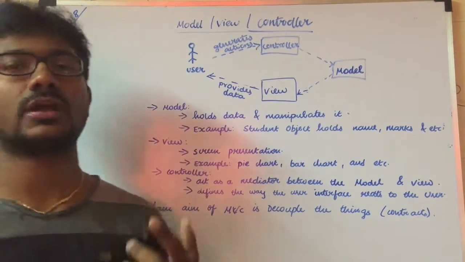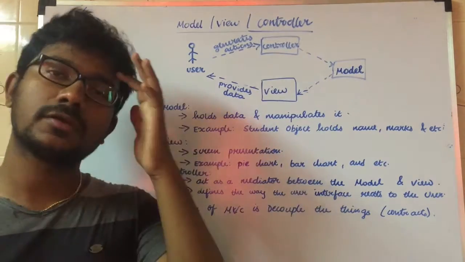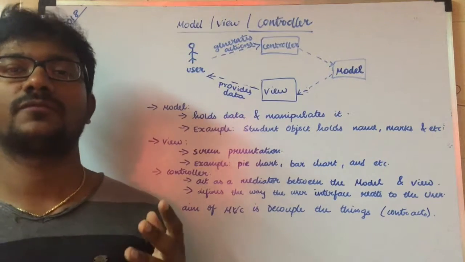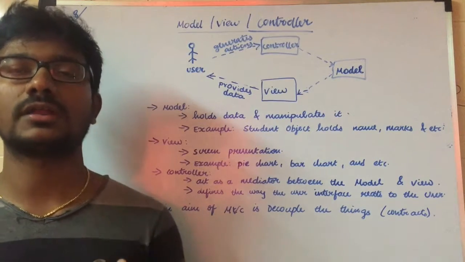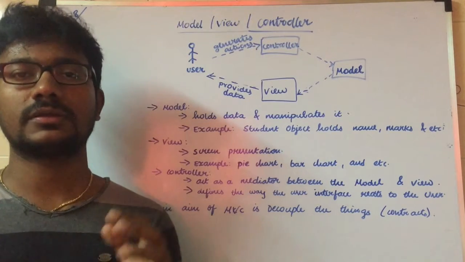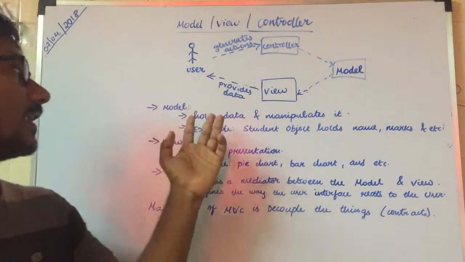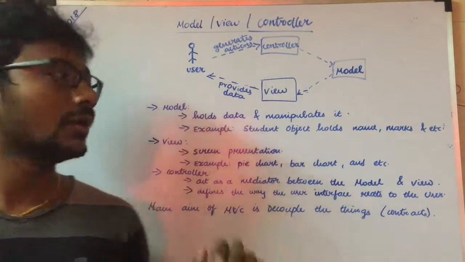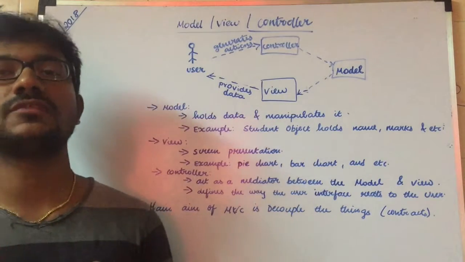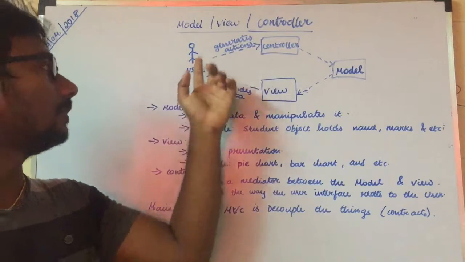Next comes the model. The model is the holder of the data. For example, student data, such as roll number, name, marks, and grades, would all be encapsulated and stored in a single object, and that is managed by the model. It also manipulates the data. For example, if I try to change the phone number, I give that request via the view layer.